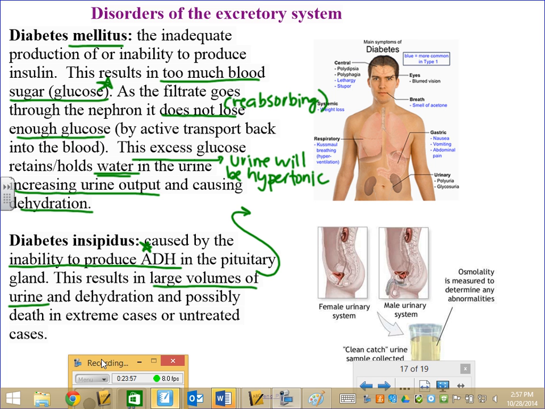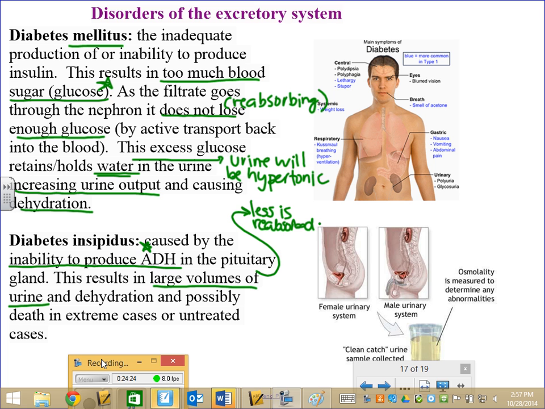If you have large volumes of urine, that means that less of it is being reabsorbed. ADH normally would tell your body to reabsorb water. If you have a large volume of water, less water is reabsorbed, but so is less of everything else.